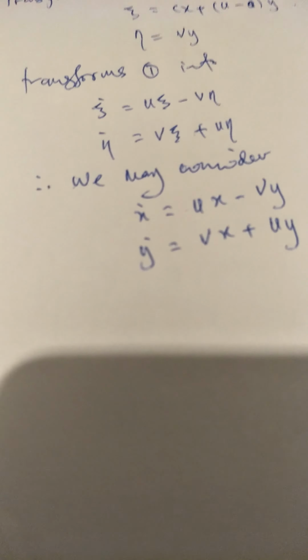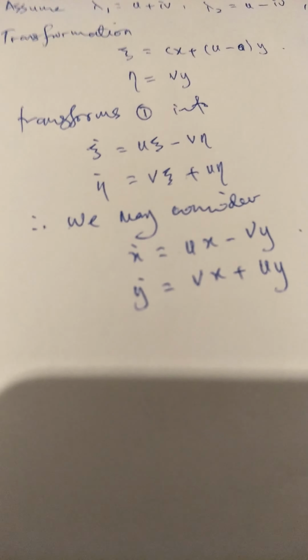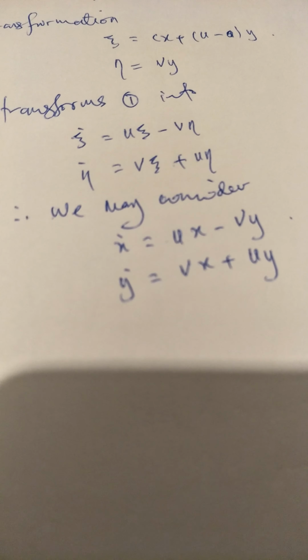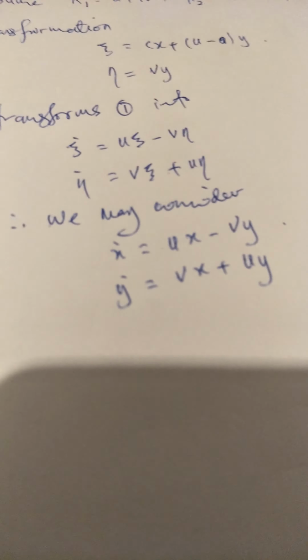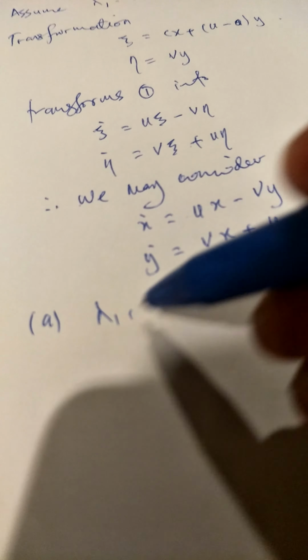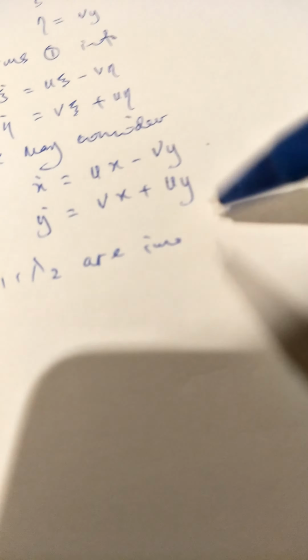Now comes the condition to determine the behavior of the trajectories. We have two cases here. The first case is that lambda 1 and lambda 2 are purely imaginary.